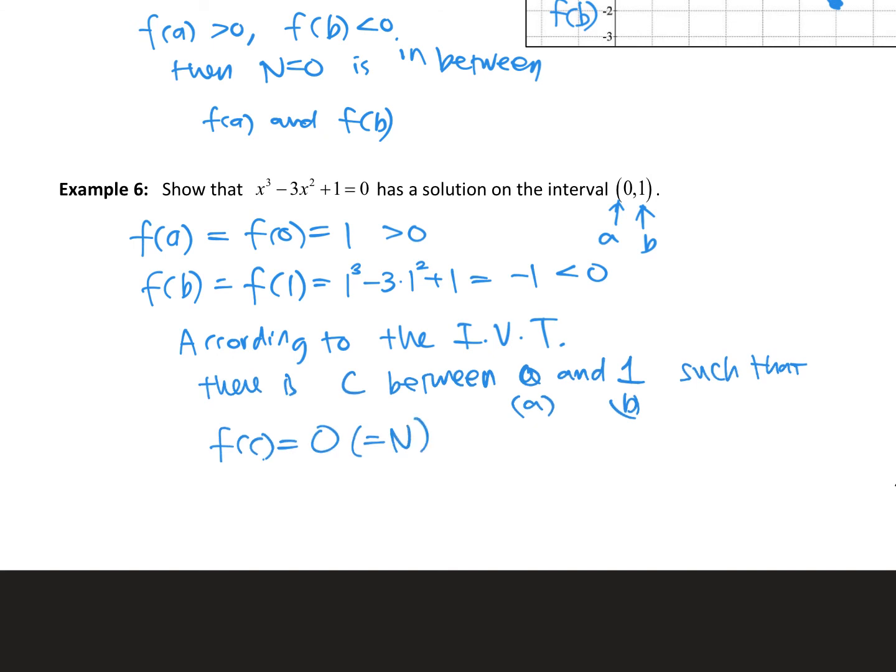Because f of a is positive, f of b is negative, so I can say n here. I think I forgot to write that. Let n be 0, because 0 is between a positive number and a negative number. So okay, I think that's it for this worksheet.